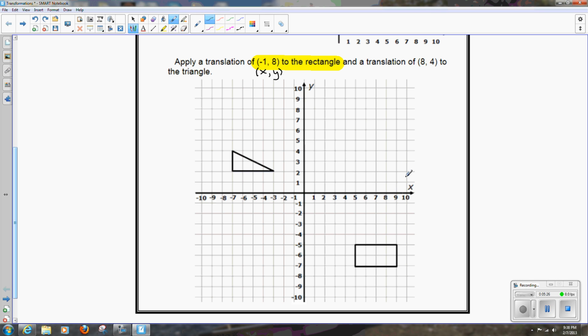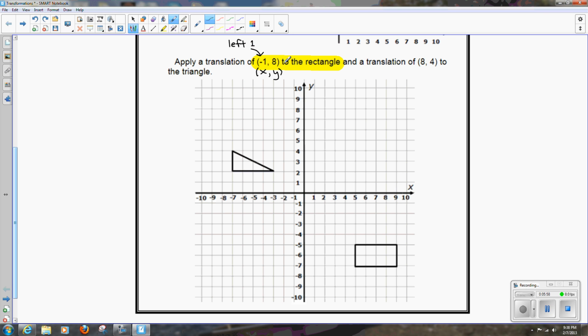Since x is the horizontal axis, if I decrease the x by 1, for example, this point right here is going to go from an x value of 5, I'm going to subtract 1, and it's going to go down to an x value of 4. So that means I need to move it to the left 1 unit. So that -1 in the x tells me to go left 1 unit.